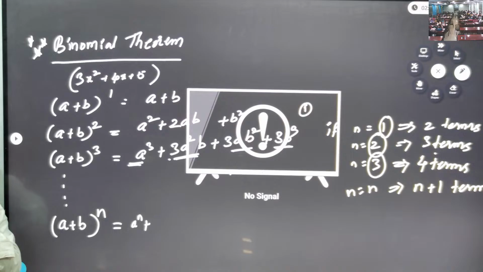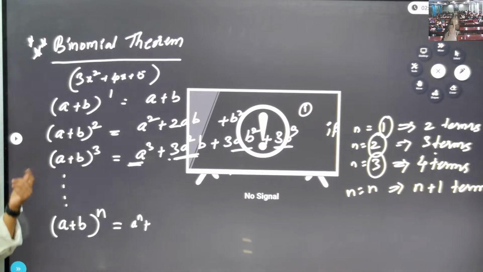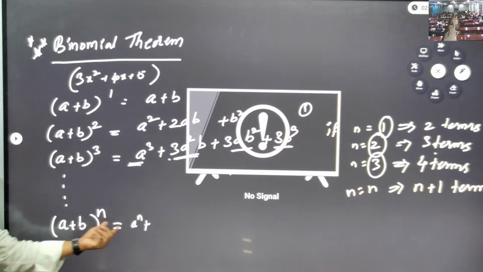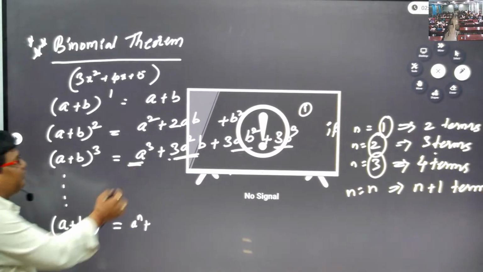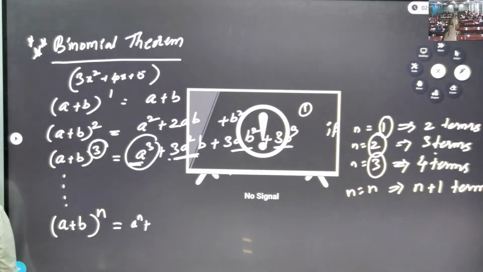So the sum of the powers in each term is equal to the n value. That is the second point that you need to remember.